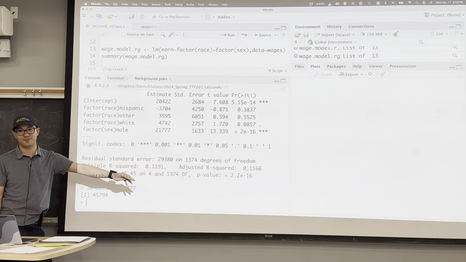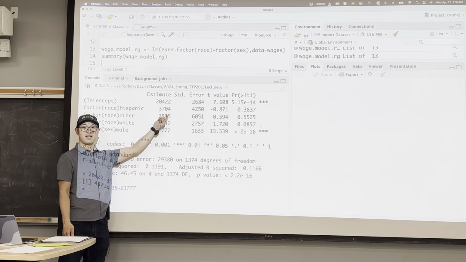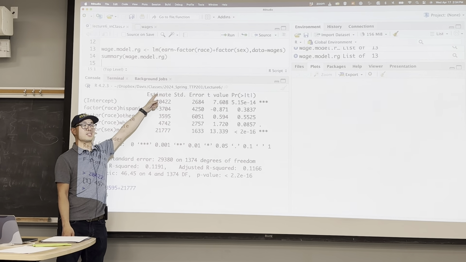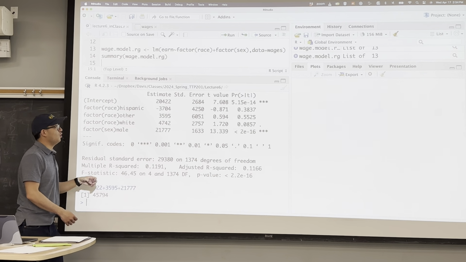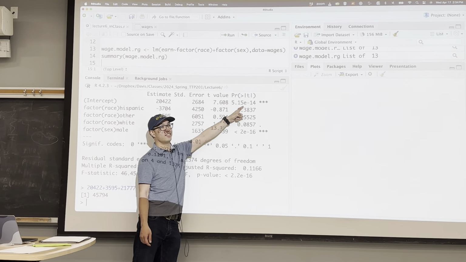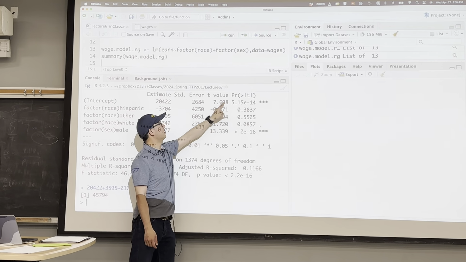So statistical significance as it relates to categorical variables is always in reference to the marginal effect, but the overall effect always still adds this, okay? And we know with very high certainty that this value is very statistically significant, so it's not as though these guys will all be 0.